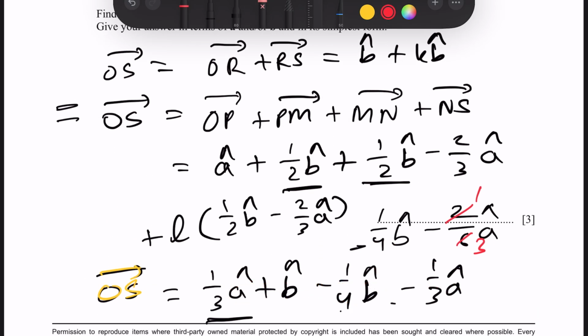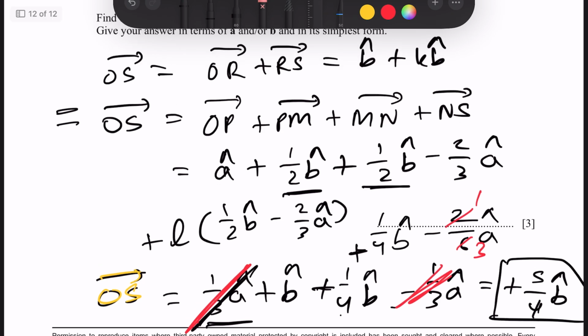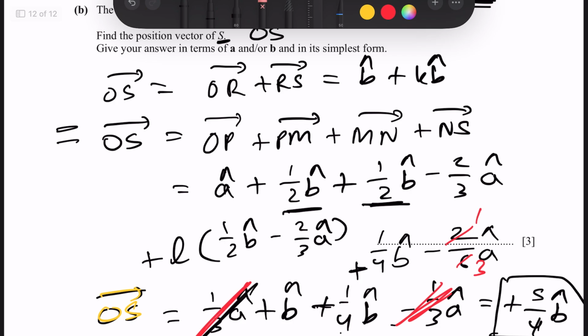So the final answer would be, since a cancels out from both sides, OS is equal to, wait, I think I accidentally put negative, it should be positive over here. OS is equal to 5 by 4b. That's your final answer. As you can see, b is positive here and b is positive here too.